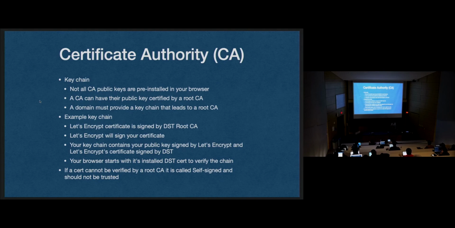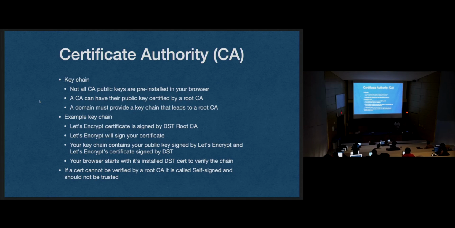Their public key is a certificate that's signed by possibly another certificate authority, and we keep going up this chain until we have a certificate that's signed by a root CA. As long as that chain ends with a root certificate authority, we can verify the CA, then the next CA, then the next, and then verify the server eventually. So we have this chain.